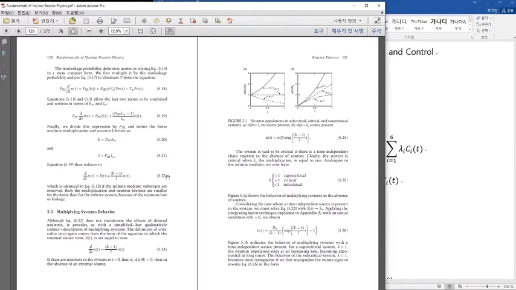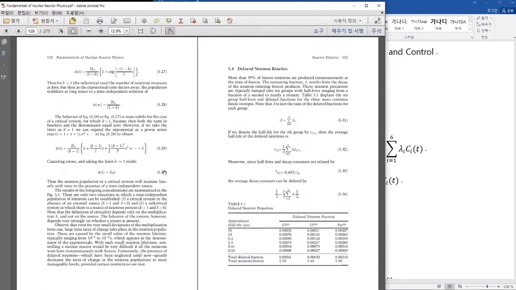Based on this, what we realized is that the change of n(t), the neutron density, is strongly dependent on this k, the multiplication factor. After that, these are the solutions of neutron density.